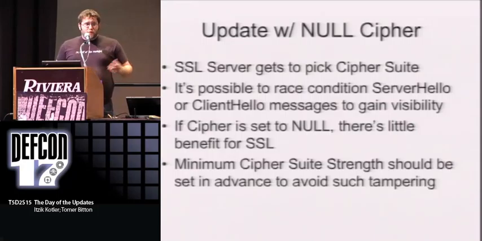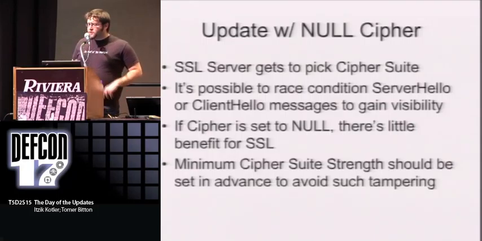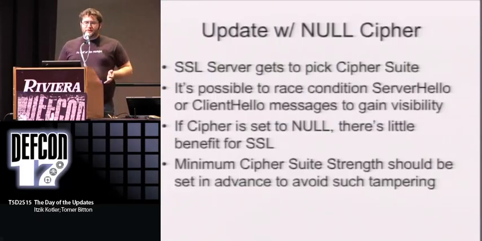Another attack that Tomer and I came up with, which is a little bit on the theoretical side, is that we saw that there is no minimum for the cipher suite strength in SSL. I mean, browsers do support some sort of a minimum set for SSL, but this application will agree to anything, and it will also agree to a null cipher.